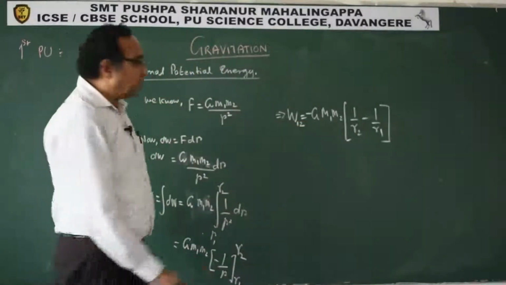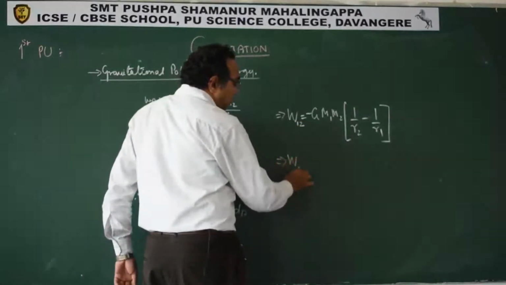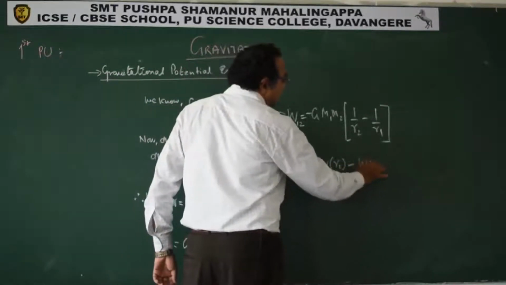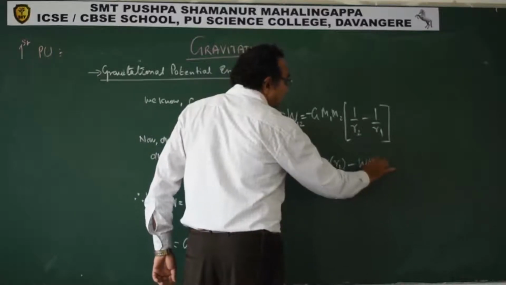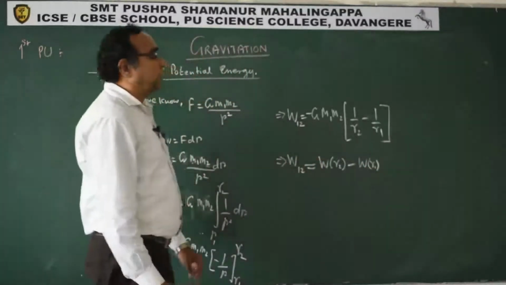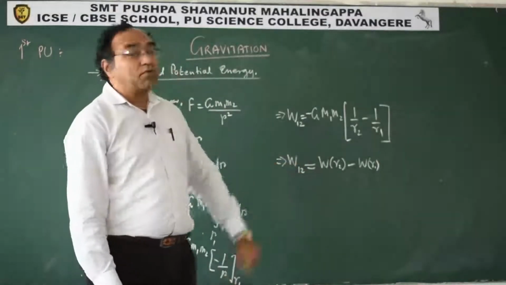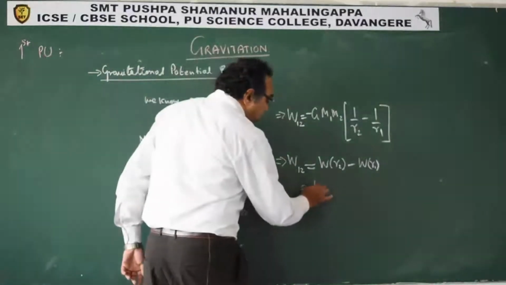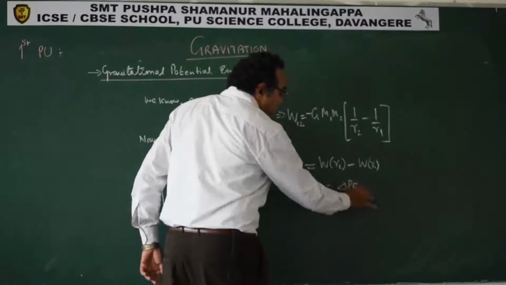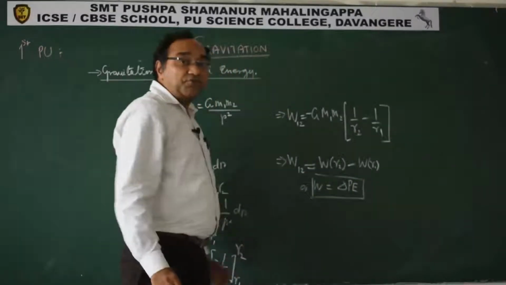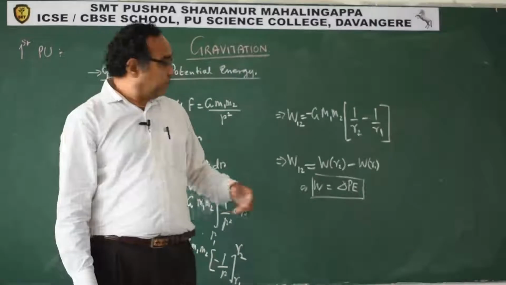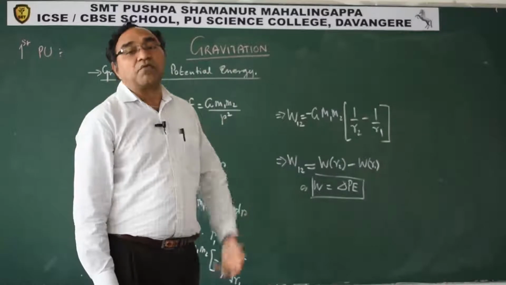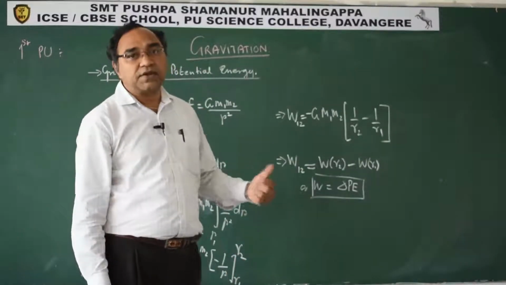So we can say W from 1 to 2 is the same as W at r2 minus W at r1, but a minus sign is there: minus G m1 m2. This is exactly the change in the potential energy, or work done is the change in potential energy. This work done will be stored in the system in the form of its gravitational potential energy.